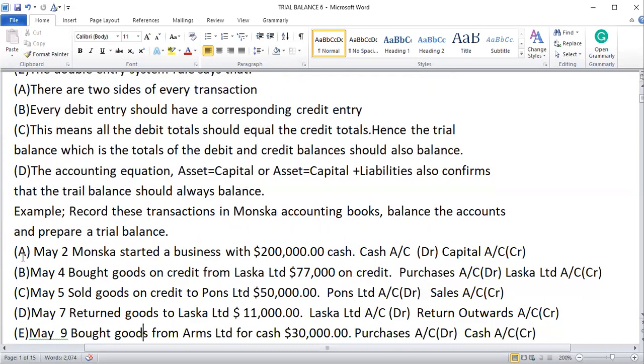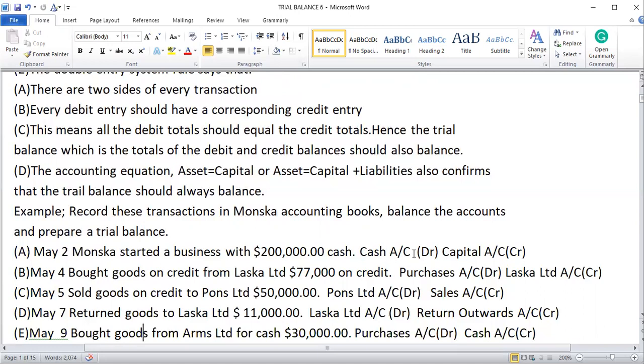A, May 2nd, Moscow started a business with $200,000 cash. So the double entry effect will be what? The cash account will be debited, and the capital account will be credited.